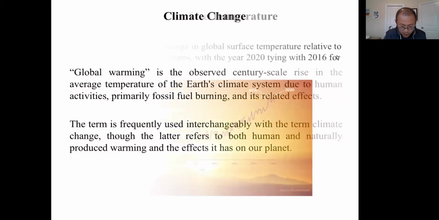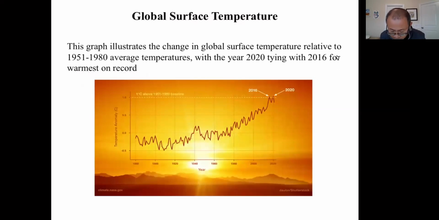So this picture from NASA's Goddard Institute for Space Studies shows the global surface temperature, relative to the average from 1951 to 1980. And you can see that with the years, the average surface temperature of the Earth is actually increasing.